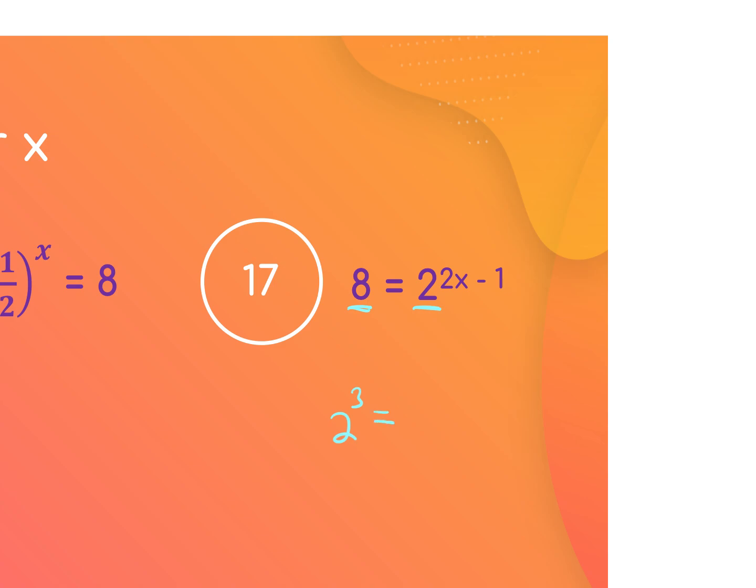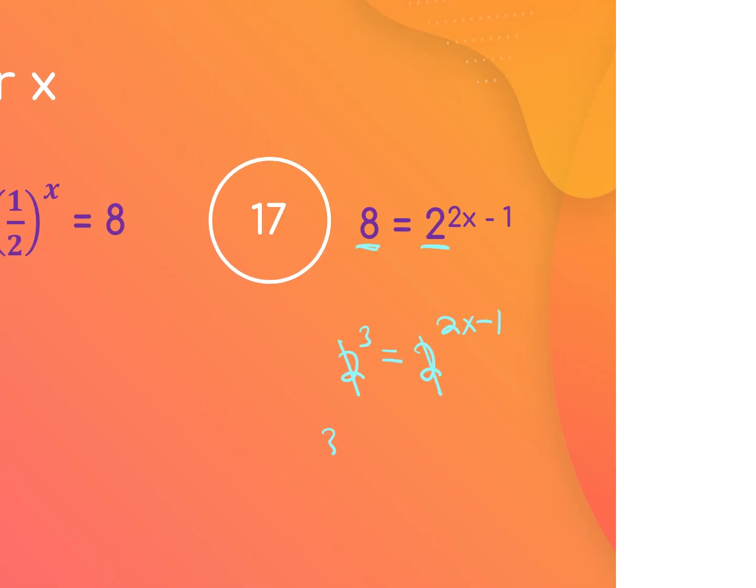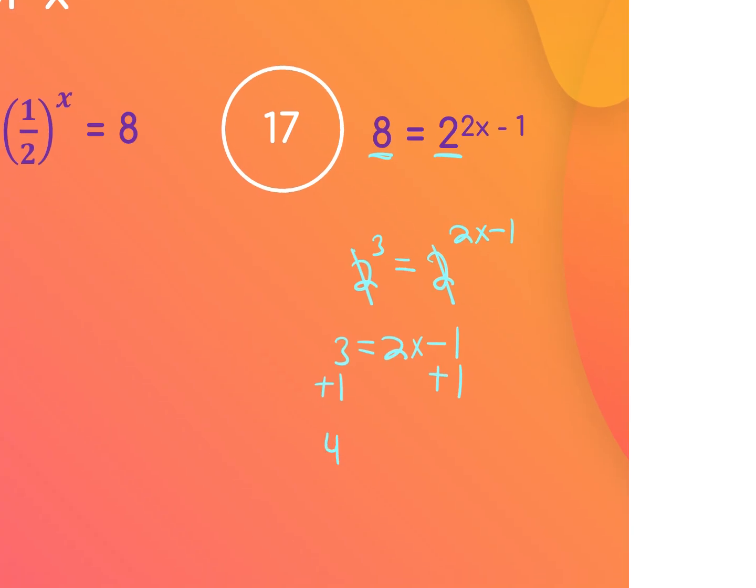And so 2 to the power of 3 equals 2 to the 2x minus 1. And so once again, same base, I'm going to cross, and then this is going to become 3 equals 2x minus 1. And then this is a linear equation. I'm just going to solve for x. We end up with 4 equals 2x. Divide both sides by 2, and then I get x equals 2.